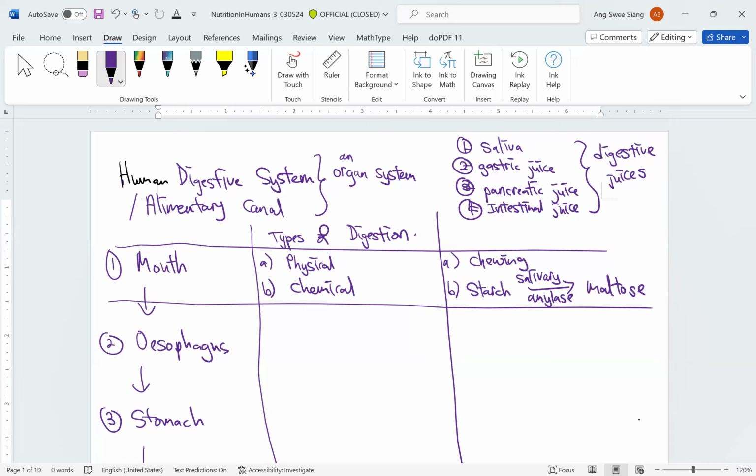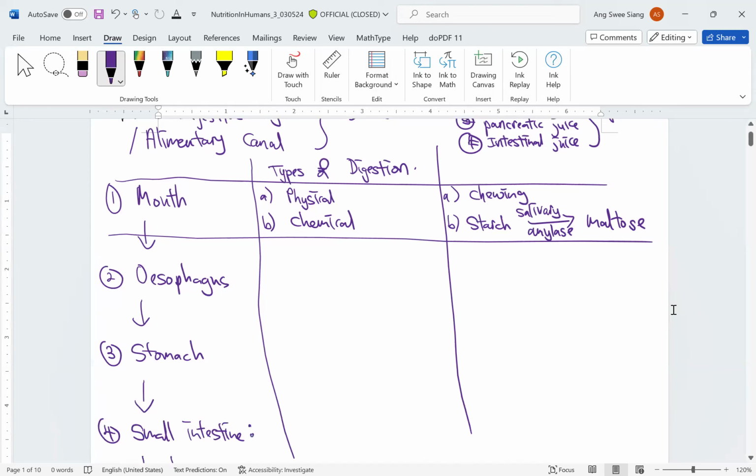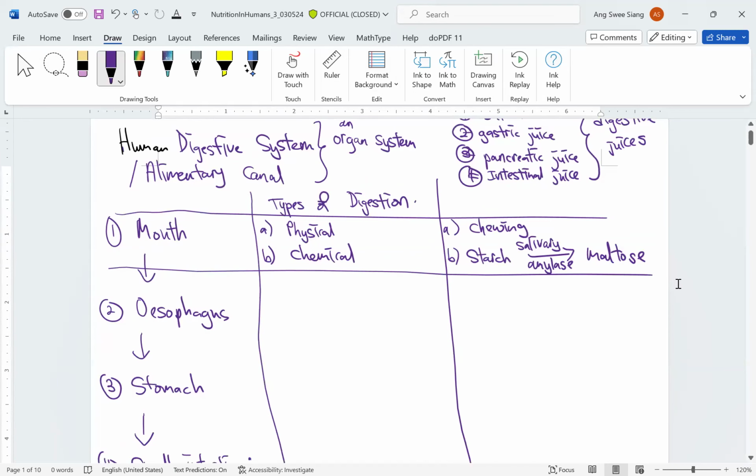Even though both are called amylase, they are not exactly the same. We will talk about this in detail later. So let's move on. In the esophagus, there is no digestion.